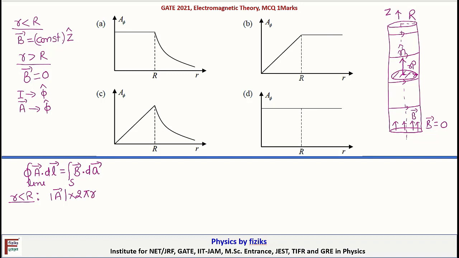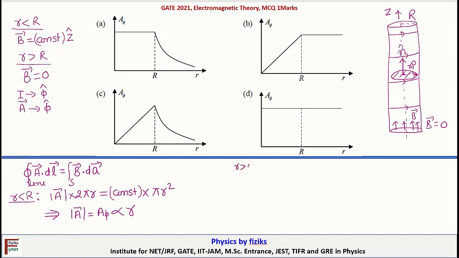A and dl both are in the phi cap direction. And the surface integral B dot dA is given by B and dA in the same direction, so we write B as some constant value, and the area is pi small r square. So the magnitude A, that is simply the A phi component, will be proportional to r. So inside it is proportional to r.